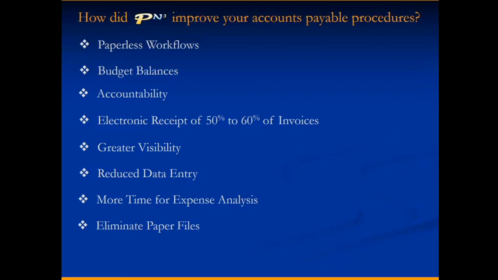Eliminating the need to maintain paper files. And audits become a lot more efficient, because when your auditors are looking for information, instead of you having to go and grab paper documents for them, our clients give their auditors read-only access to PN3, and when they need transactions, they pull them up themselves, and they don't have to interrupt their staff when they're conducting work in their normal process.